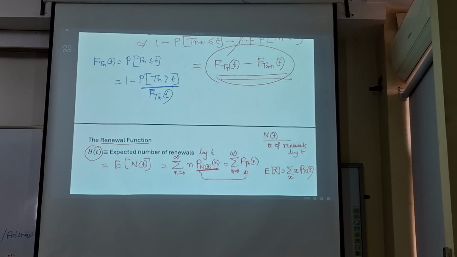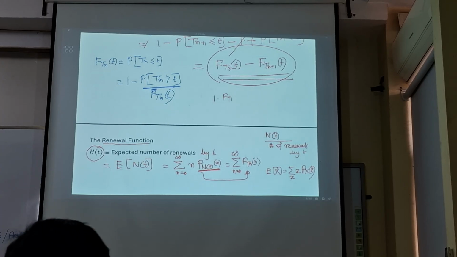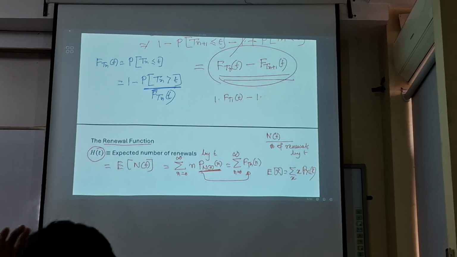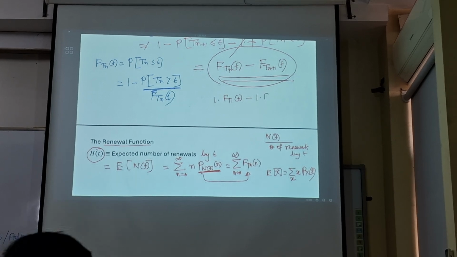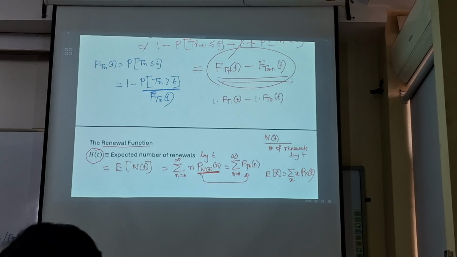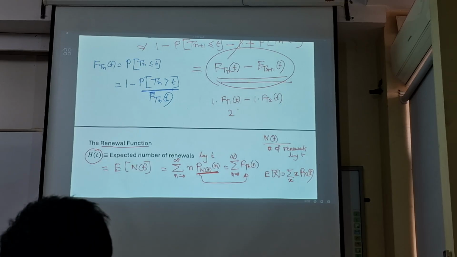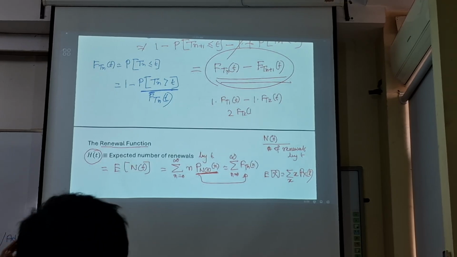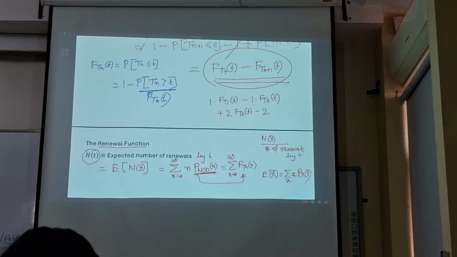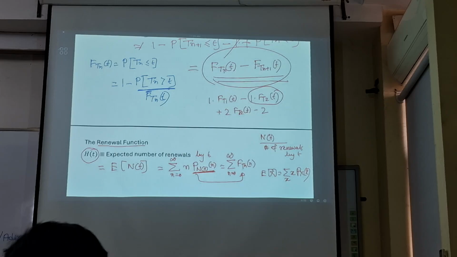The first term is 1 times... right? What will be the second term? Second term? This one will subtract 1 from here. That's it, it will be a sequence of sums.